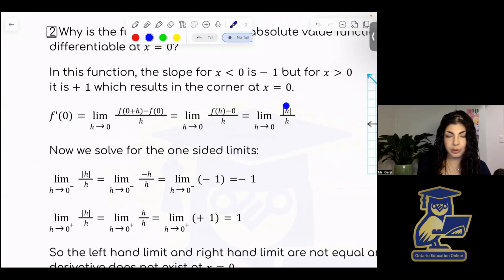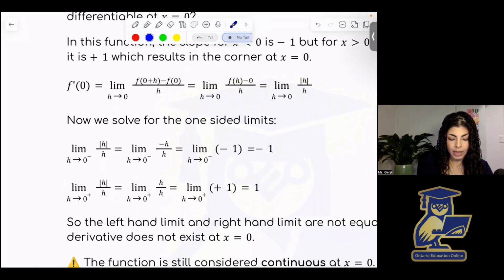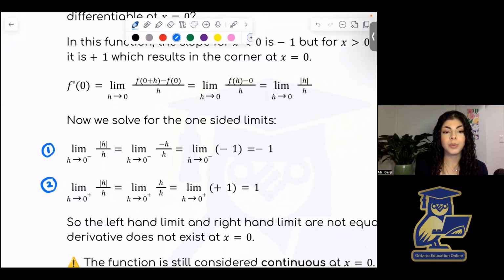And f of h is the absolute value function, but this has two cases, so we have to consider both cases here. And that's the two cases we have here, 1 and 2, and it actually coincides with our left-hand and right-hand side limit.